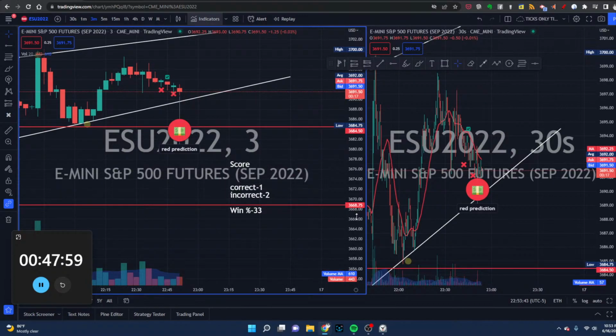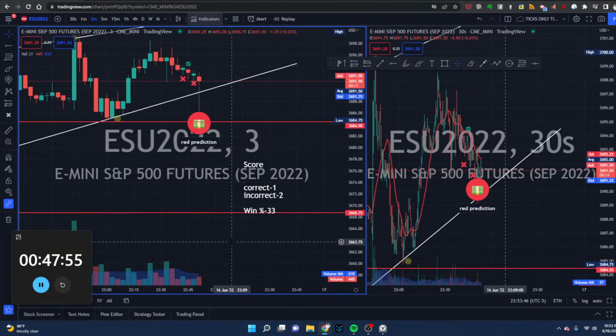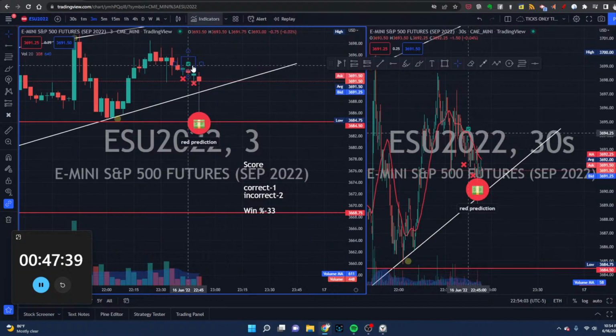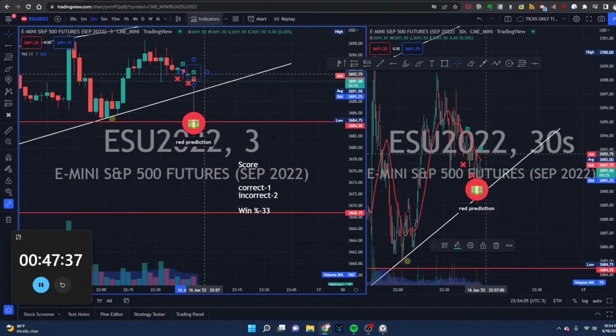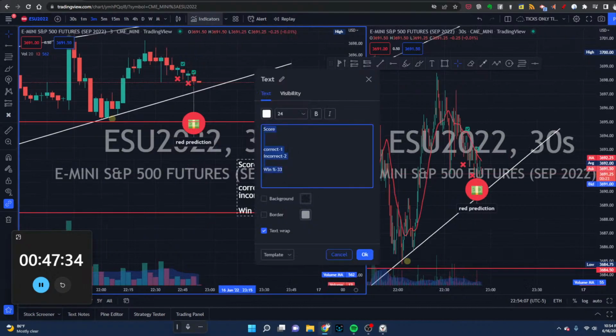Bears still have the advantage though. And it looks like we're going to win this candle here. All right, sweet. We won that candle there. Back to 50%.